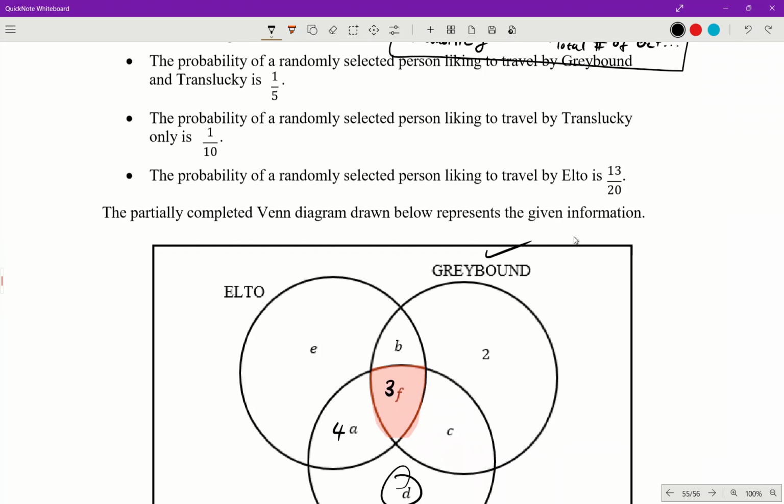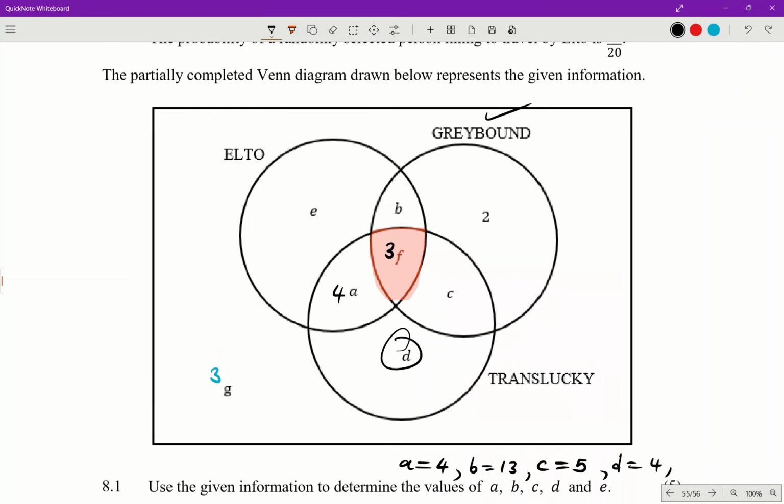So now let's look at what's happening here. The probability of a randomly selected person likely to travel by Alot. This is Alot. Now, this is L. Remember, I already calculated B to be 13.